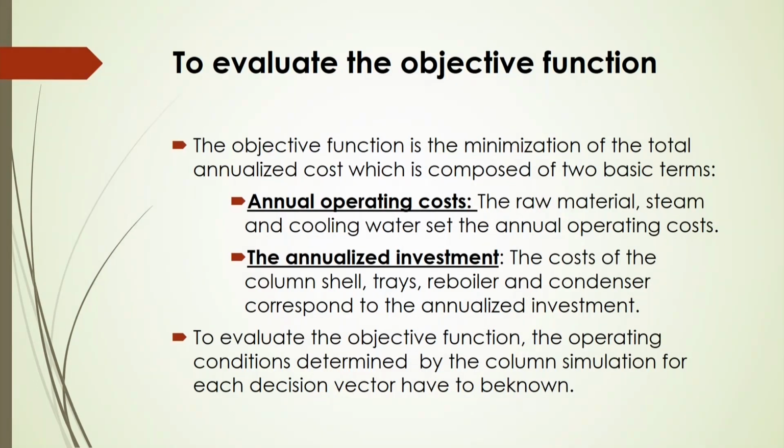And then annualized investment should be the cost of the column shell, trays, reboiler, condenser, that will correspond to the annualized investment. And to evaluate this objective function, the operating conditions will be determined by the column simulation for each decision vector that has to be known for that evaluation.